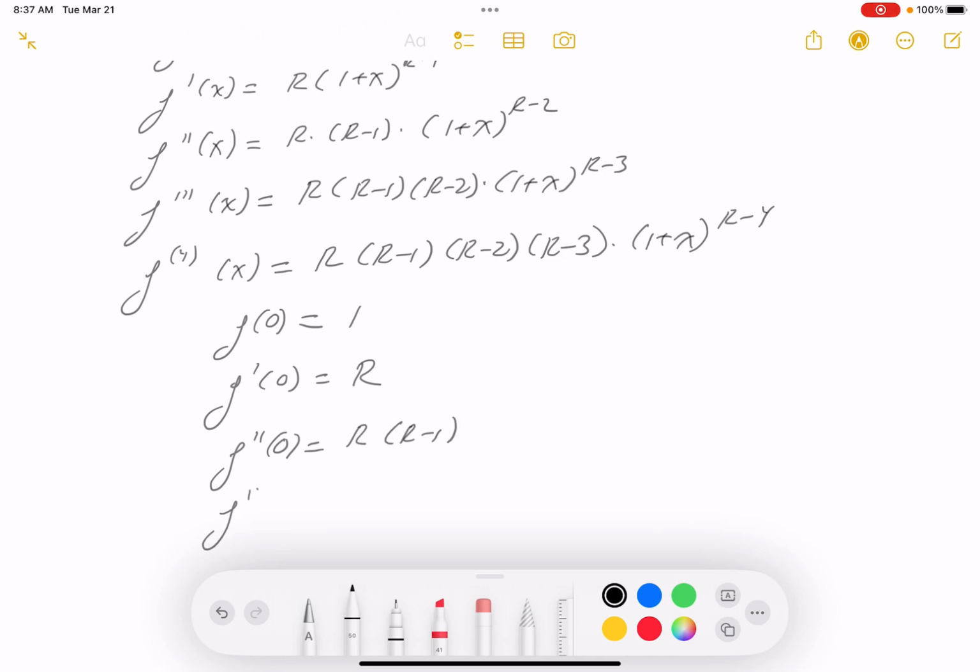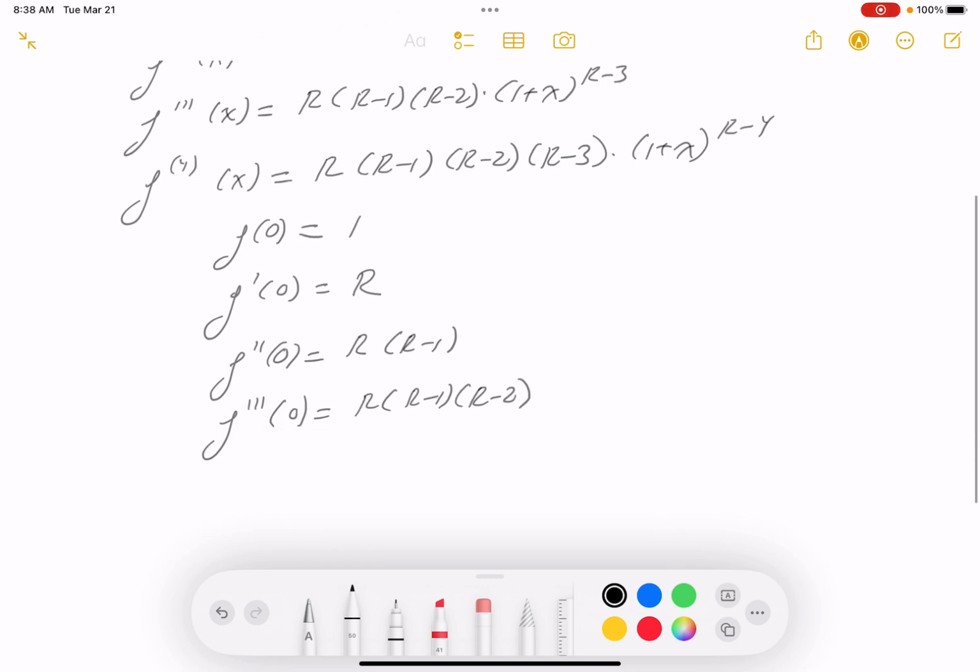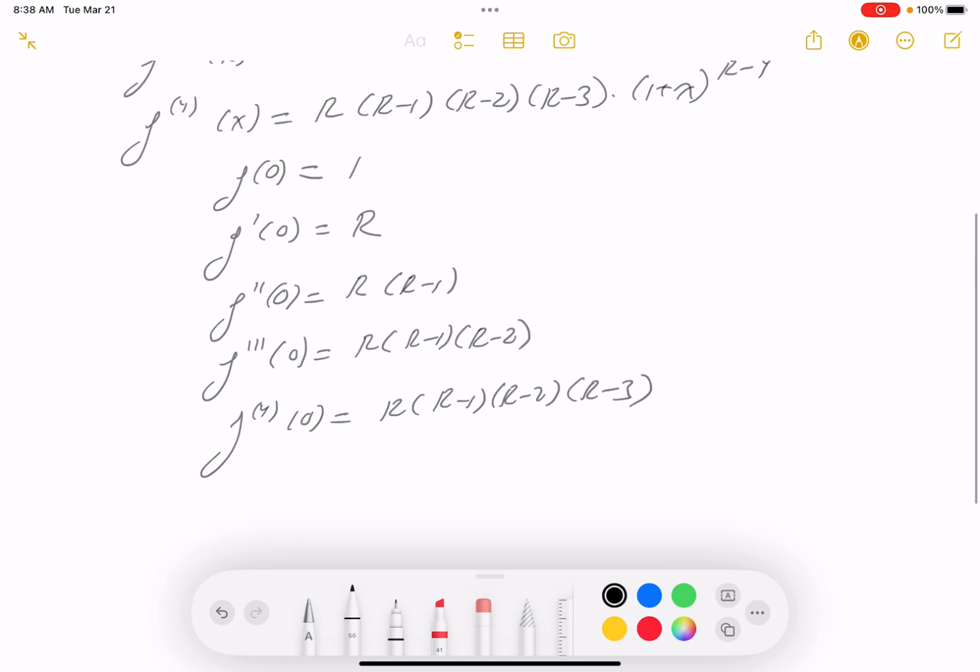F triple prime of 0 is going to be r, r minus 1, r minus 2. And let's do the fourth one. The fourth derivative evaluated at 0 is going to be r, r minus 1, r minus 2, r minus 3. It's got a really nice pattern to it.